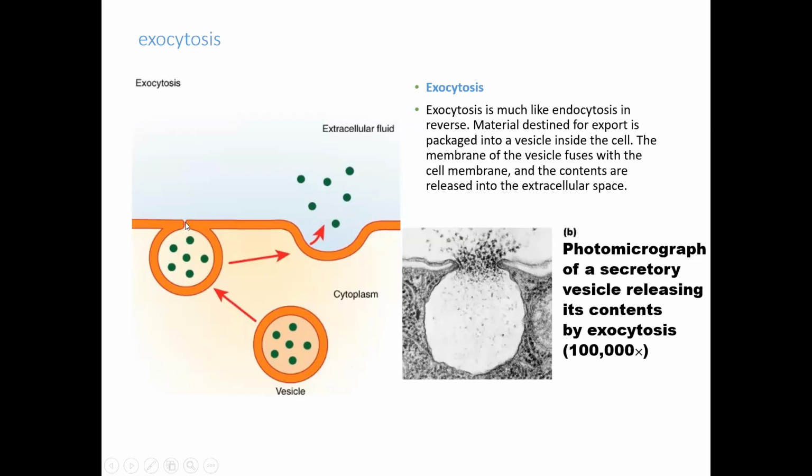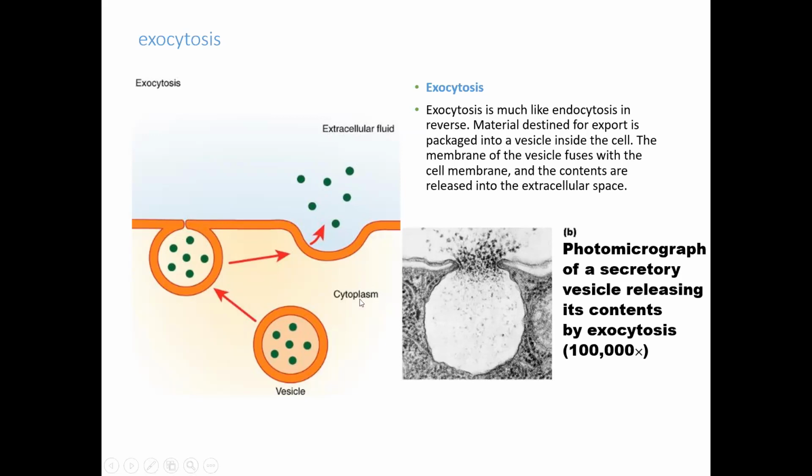It fuses with the membrane, opens one side, this is still closed, and whatever's here can go out into the extracellular fluid, the interstitial fluid around the cell. So if we've made a protein, we want to release that protein, we simply bring it up in a vesicle to the surface of the cell, fuse with the membrane, release the contents, and there it goes.